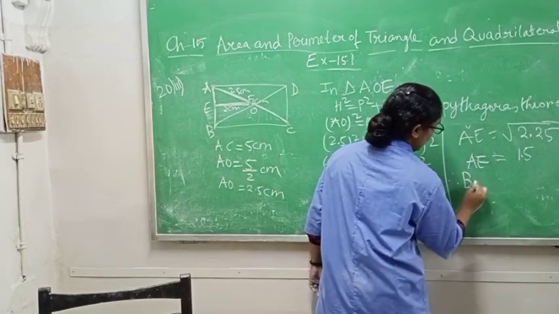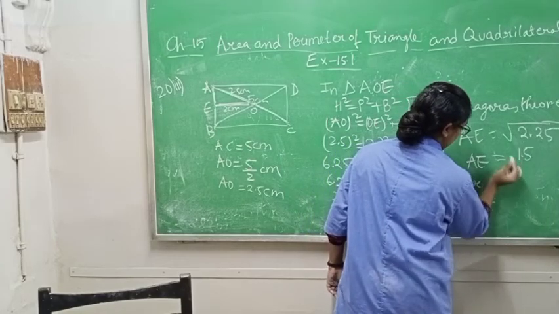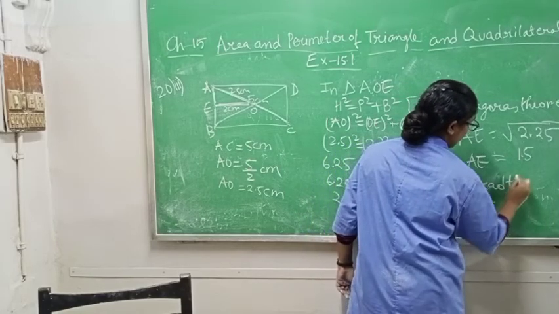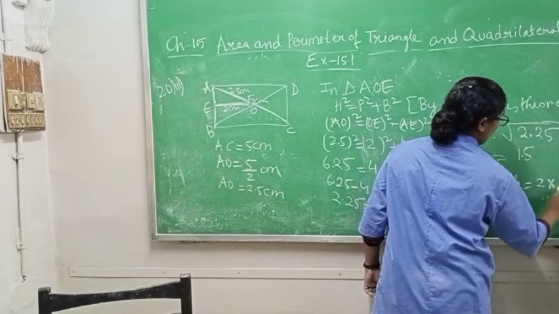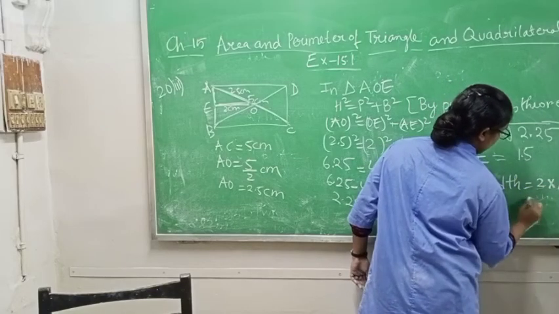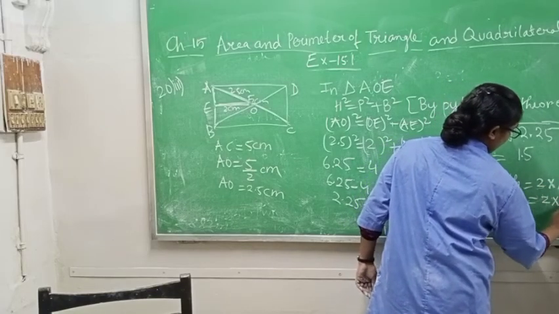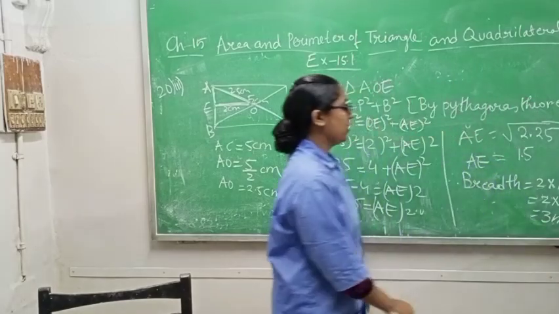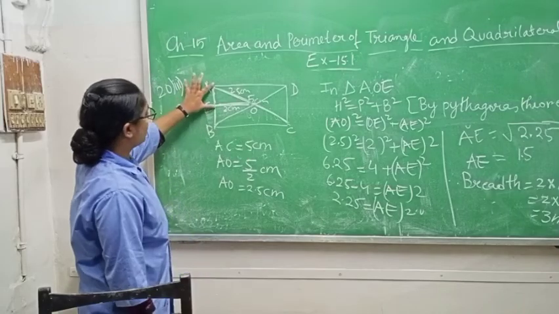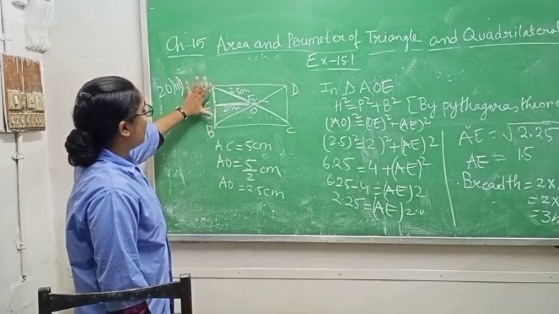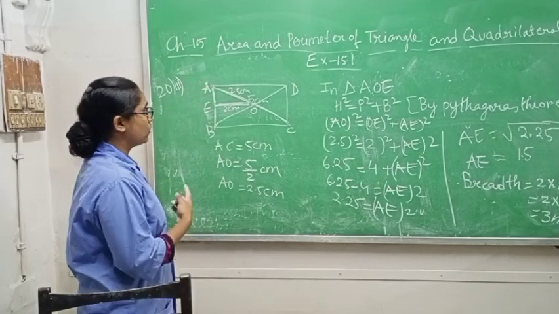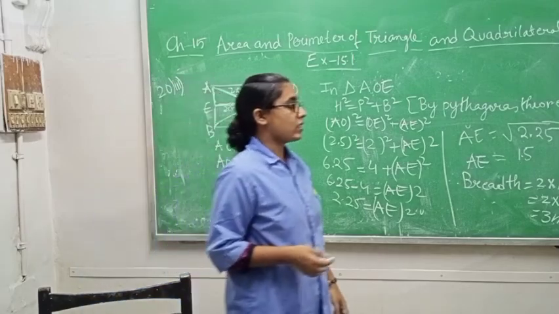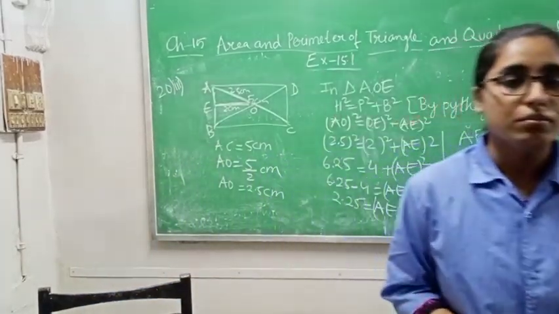Therefore you will write breadth equals 2 into AE. It means 2 into 1.5, you will get 3. Okay. So breadth is 2 into AE, because AE is half and double is AB, which is breadth. So you will get 3 centimeter. So the answer is breadth is 3 centimeter.